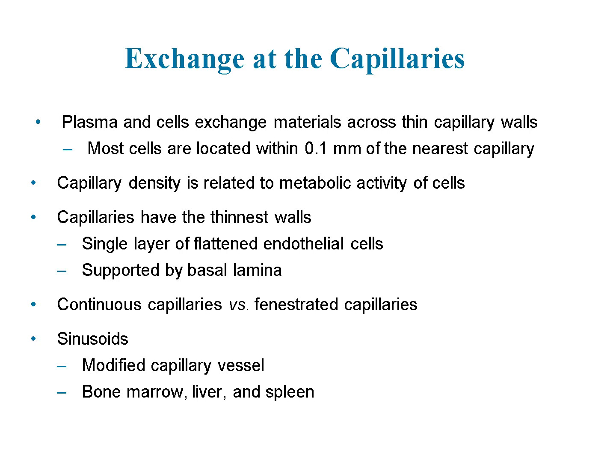Tissues with high energy demands, such as muscles and the brain, have a greater number of capillaries to support their needs. Capillaries have the thinnest walls of any blood vessel, consisting of a single layer of flattened endothelial cells, supported by a basal lamina. This thin structure facilitates the rapid exchange of gases, nutrients, and waste products. There are different types of capillaries, each specialized for its function.